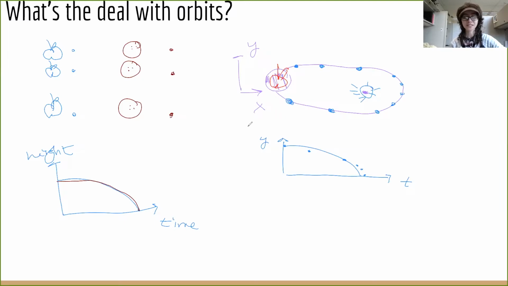The asteroids are different from each other. They're not all the exact same size or shape or weight, but they all have almost the same orbit. So gravity is treating them all the same, even though they have different sizes.